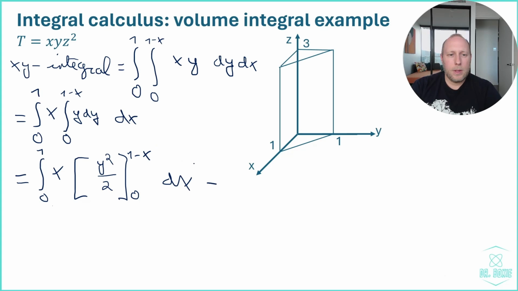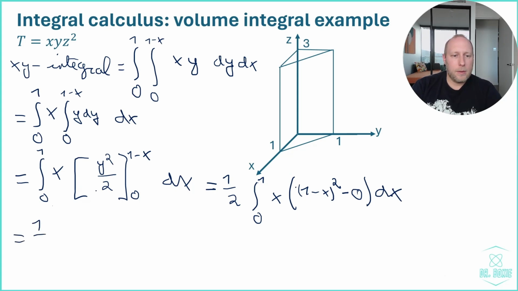dx, which gives us, the 1/2 can just come out of the integral, so it is 1/2 times the integral from 0 to 1 of x multiplied with y squared evaluated at 1 minus x is 1 minus x squared, minus evaluating it at 0 just gives 0, dx.